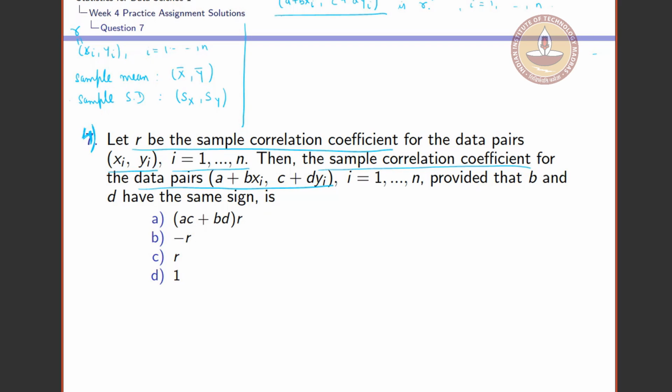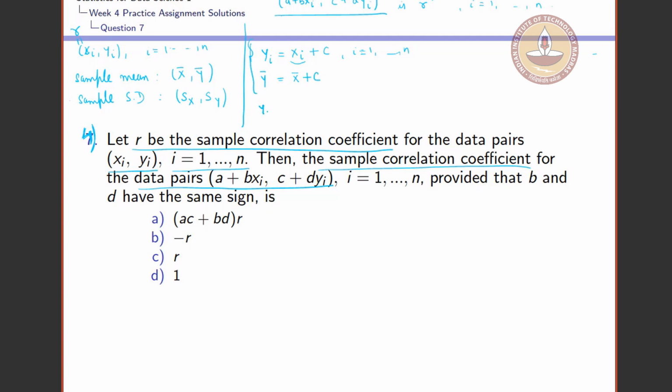So now we will calculate first the sample mean for A plus Bxi. Let's see. So we will use the properties of mean. As yi is equal to xi plus c, where i is varying from 1 to n, and you know the sample mean of xi, then the sample mean for yi, say y bar, will be equal to x bar plus c.